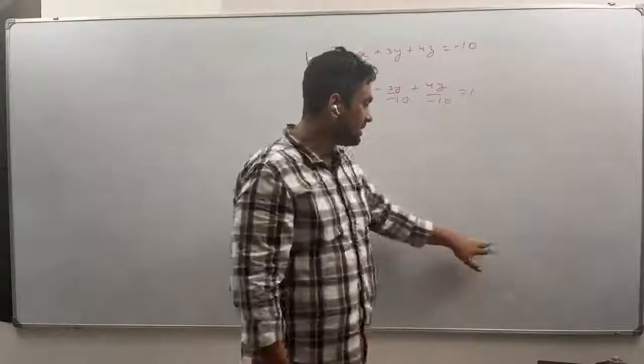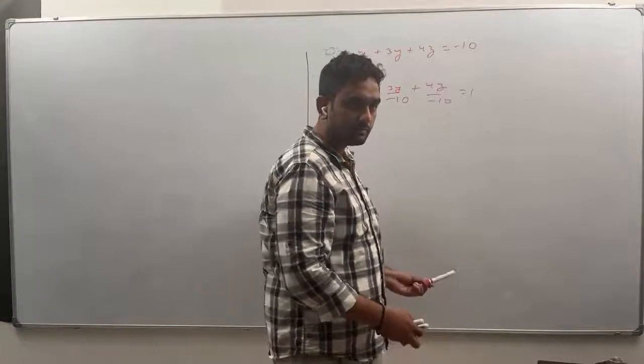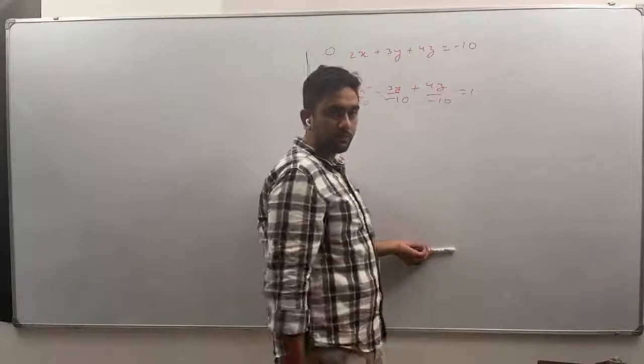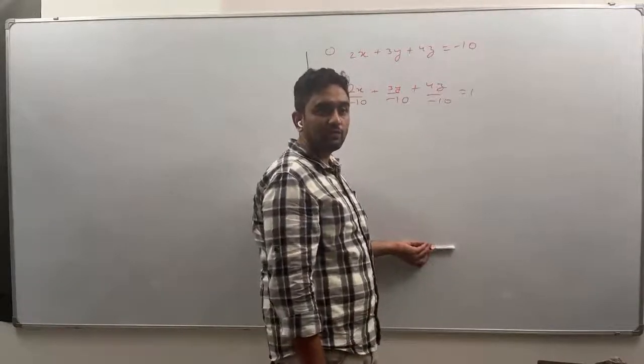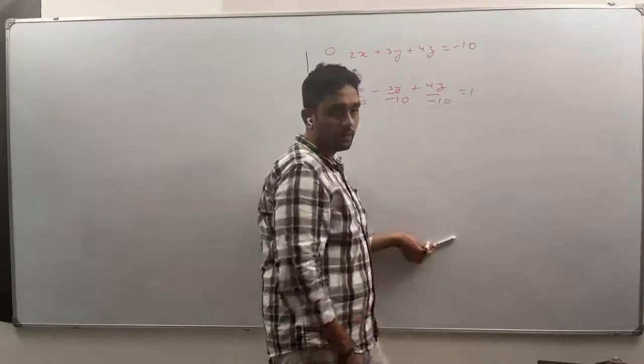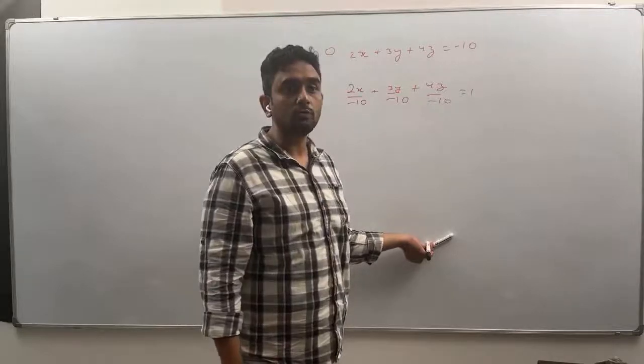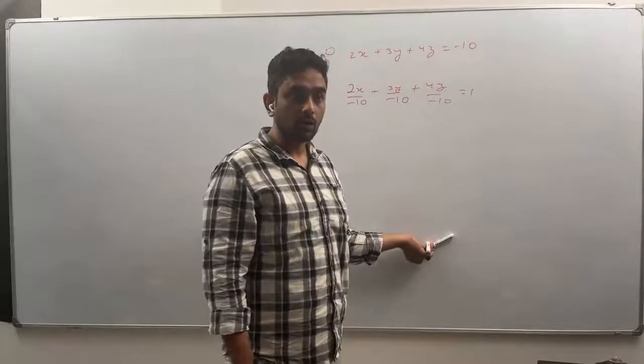Ideally, if I take xi, yj, zk, and if the black pen is the normal, 2i cap, 3j cap, 4k cap, then their dot should be how much? 0. But the dot is not 0.